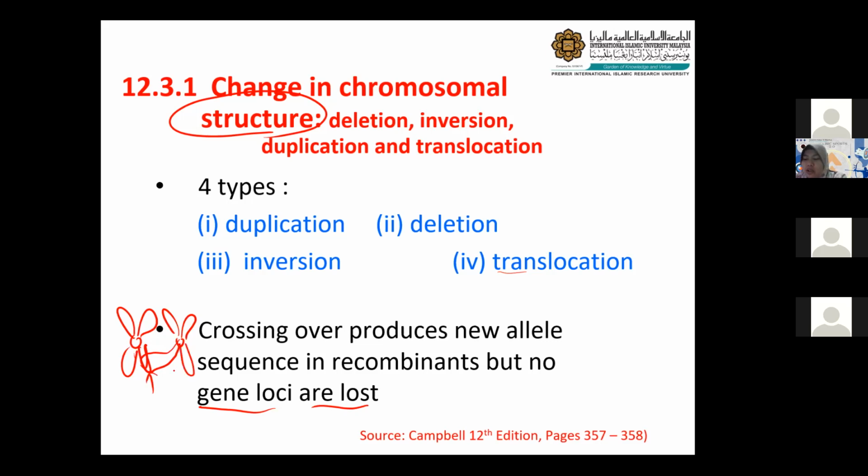So you can see in crossing over, the genetic loci will be transferred. There is no loss of genetic locus. Locus just berpindah saja pergi dekat the other sister chromatid. Kan?